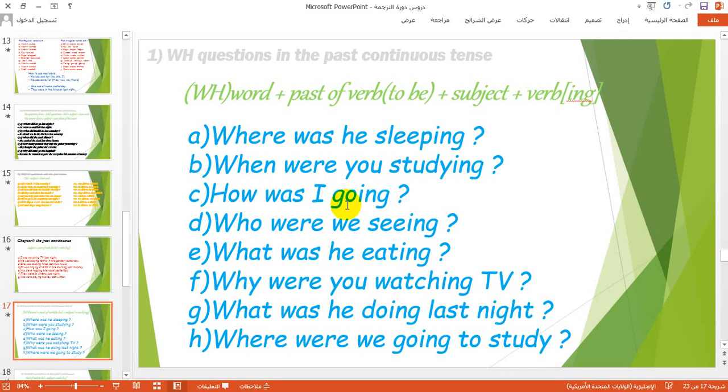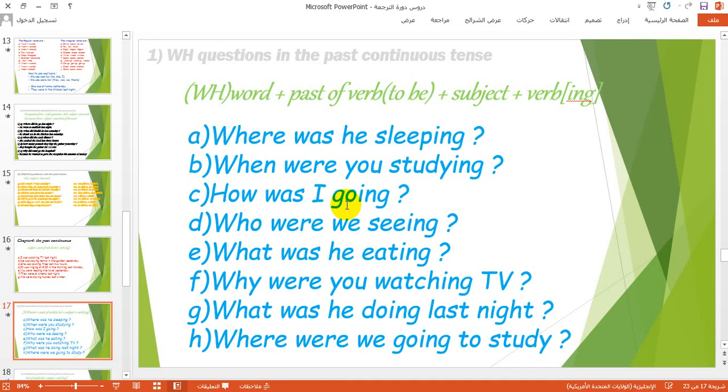There are different WH words, like where, when, how, who, what, and why, and so on, plus the verb to be. We should use the verb to be immediately after the WH word, and after the verb to be we should use the subject, and then the verb ending with -ing.